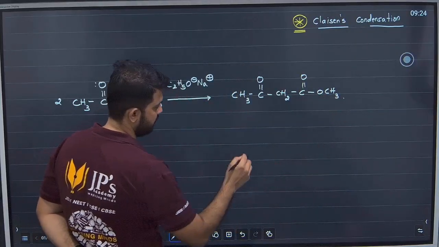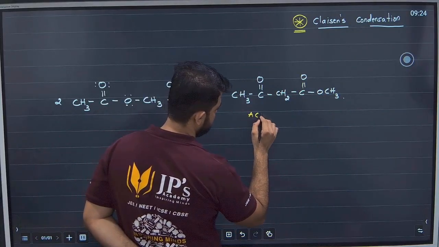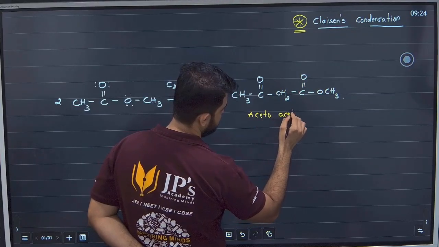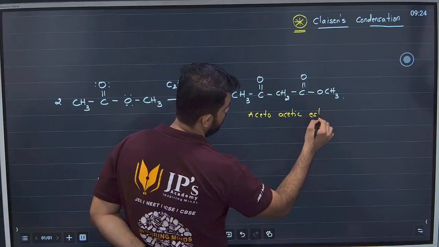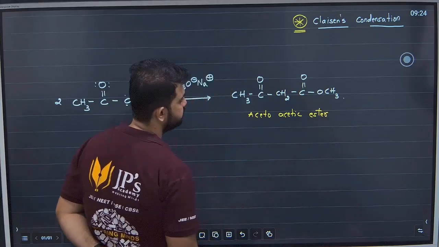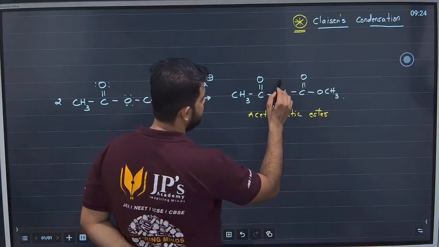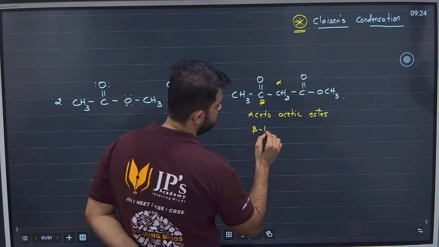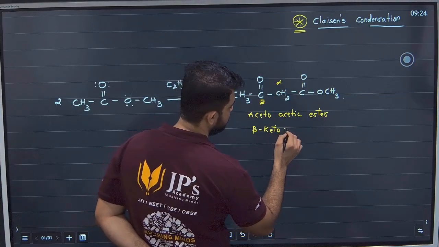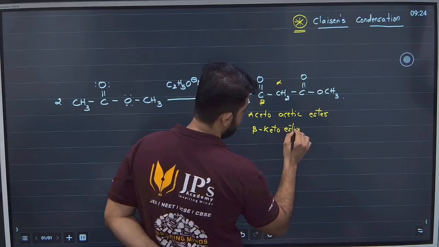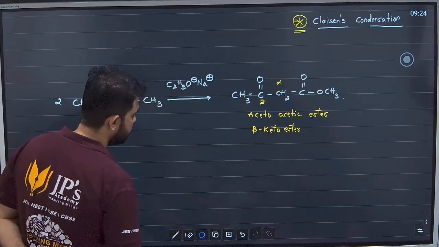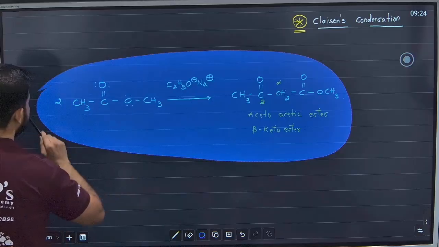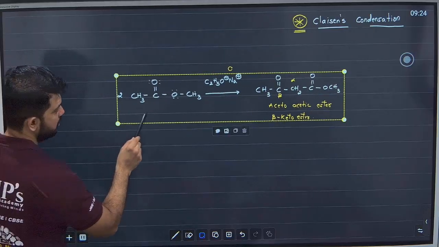Aceto ester अब बोल सकते हैं इसे, acetic ester, और you can call it as, ये आपका alpha carbon हो गया, ये आपका beta carbon. You can call it as a beta keto ester. So basically in Claisen's condensation what we get is a beta keto ester.